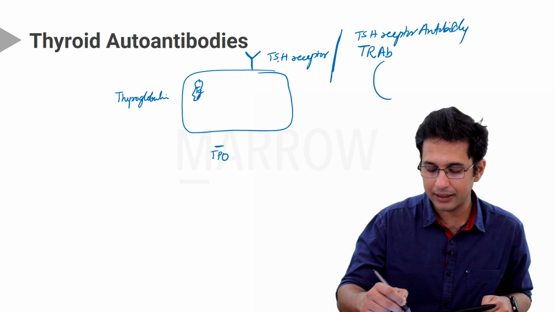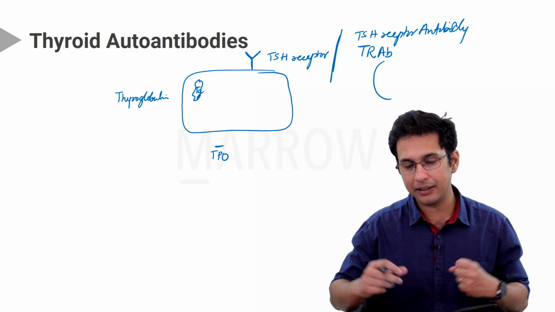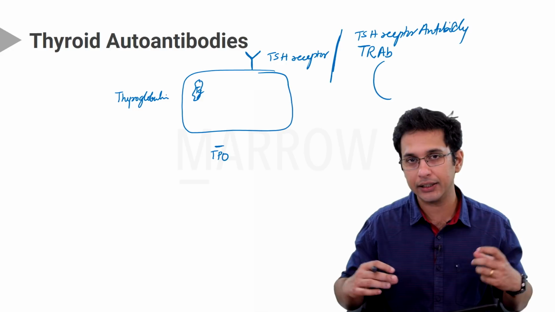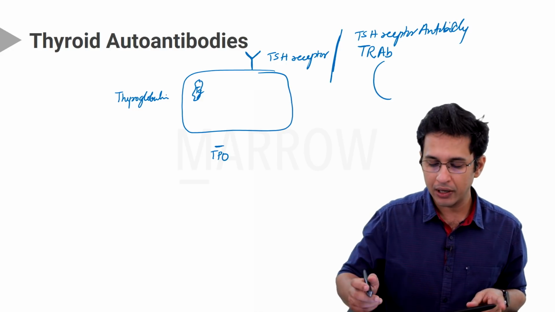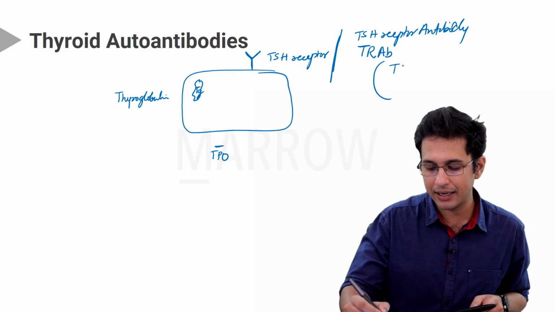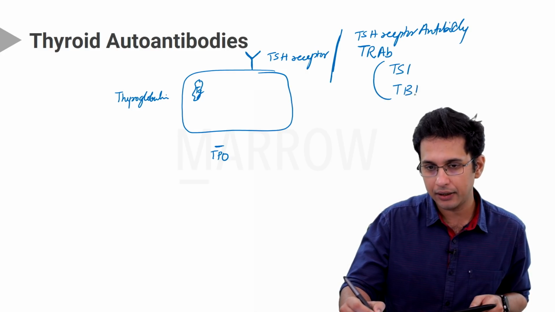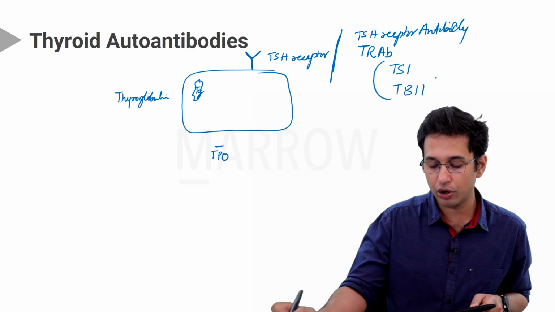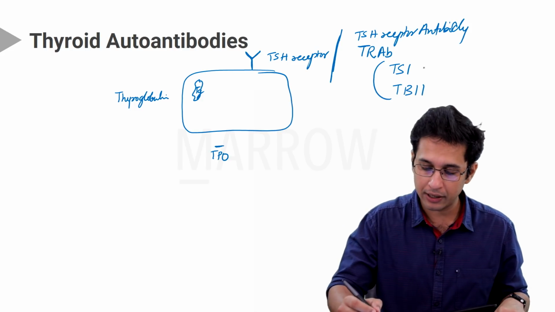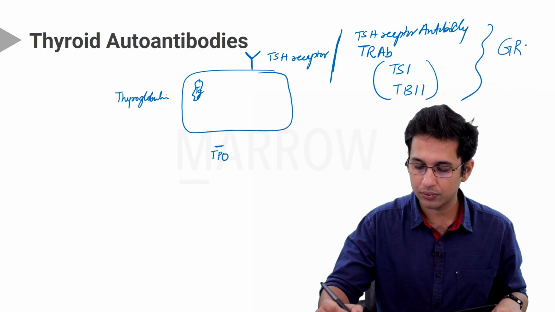For example, let's say in the receptor there is a stimulatory antibody. It will keep stimulating the TSH receptor and the TSH receptor will keep activating the thyroid, resulting in Graves' disease. So in the TRAB, what do we measure? The TSI, thyroid stimulating immunoglobulin, or TBII, thyroid binding inhibitory immunoglobulin. And these are found in Graves.